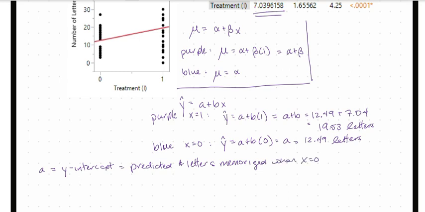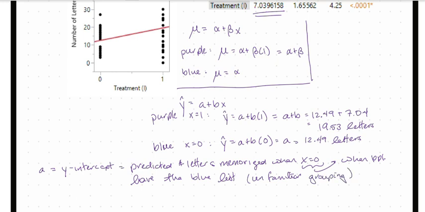But in this case, when x equals 0, that means when people have the blue list. That is the unfamiliar grouping. So this is the predicted number of letters memorized when people have letters in unfamiliar groupings.